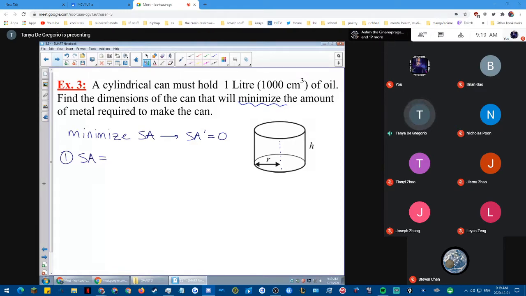Good. So that means my surface area is equal to 2 pi r squared plus 2 pi rh. Why? What does the first half of my expression here represent? What's the 2 pi rh? What is that representing? Yes.